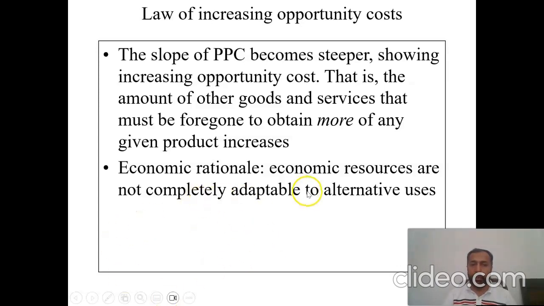They are not completely adaptable in the production of computers, so that will not be an efficient use of the resources. Therefore, we have to give up more movies to increase the production of computers, as they are not completely adaptable. Or we can say, in other words, that not all resources are equally suitable in the production of all products.